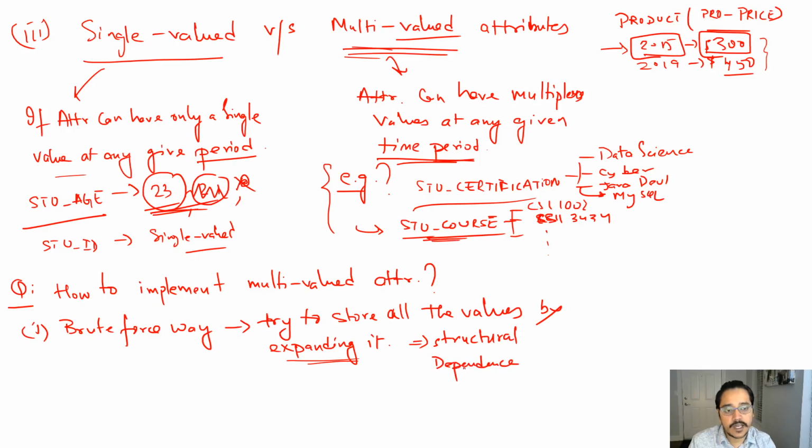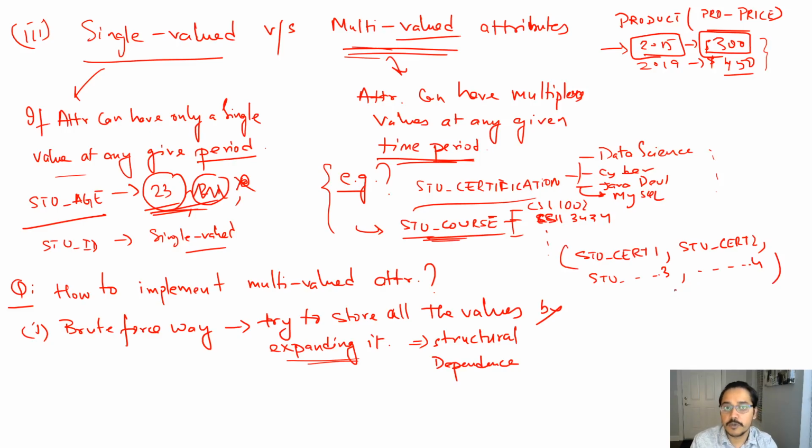The reason why is because if you have student certification and you want to expand all the values, let's say these 4 values, then how are you going to implement it? You will have to do student certification 1, comma, student certification 2, comma, student certification 3, and then student certification 4, right? But you can immediately recognize the implications of this design.